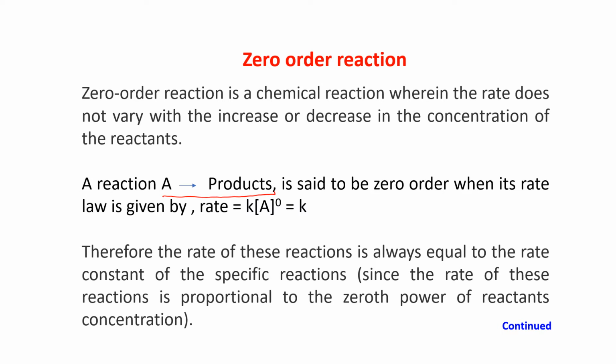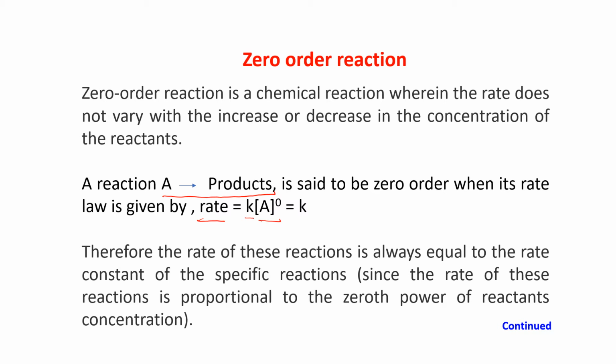When will it be said to be zero order? If in the rate law we get rate is equal to k A to the power 0, and A to the power 0 is nothing but 1, so rate is equal to k. Therefore the rate of this reaction is always equal to the rate constant of the specific reaction.